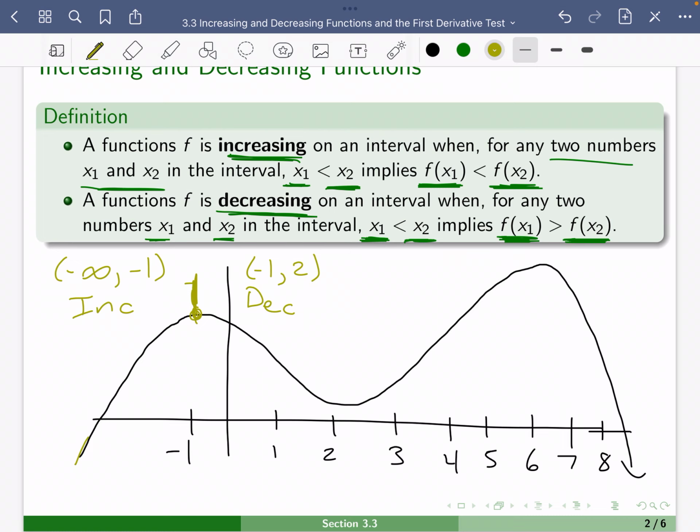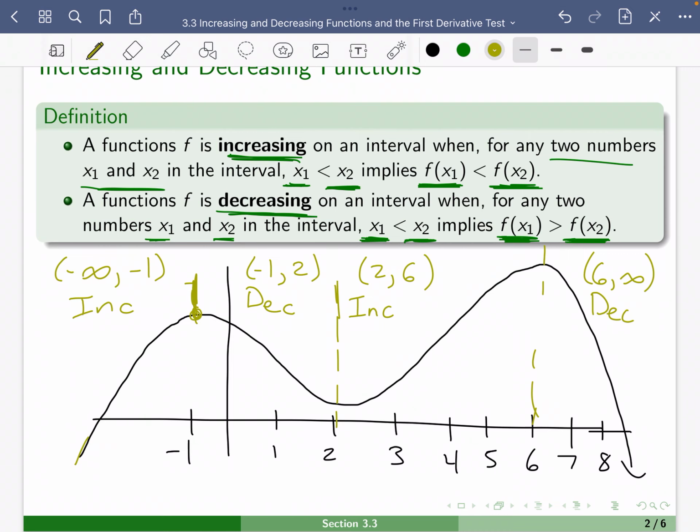Then right there at 2, it starts to increase again. And it's increasing from 2 all the way up to, it looks like 6 is what I made that. And then after 6, we are decreasing again. And that's what we have.